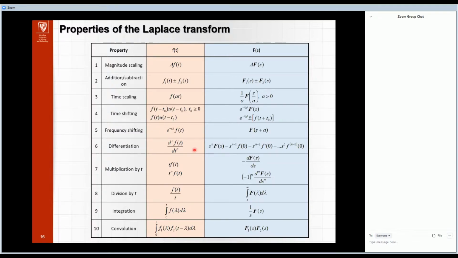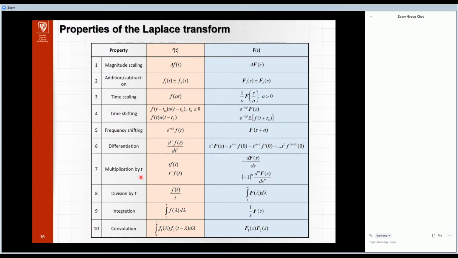Okay, and differentiation in the time domain means multiplication by s or by s squared, etc. in the s domain.